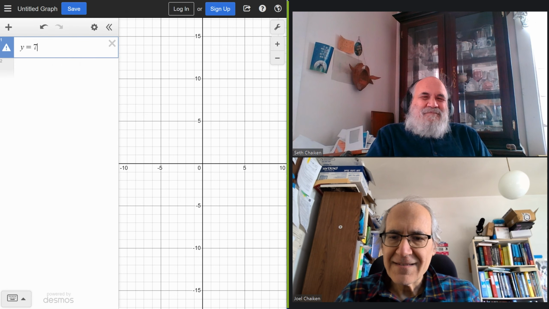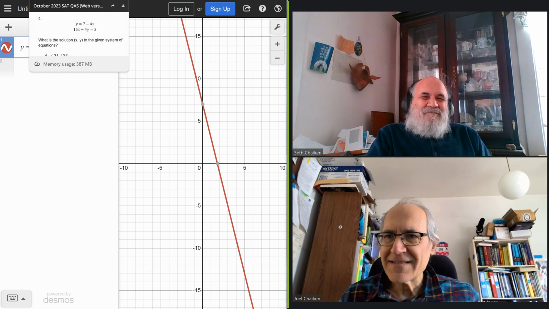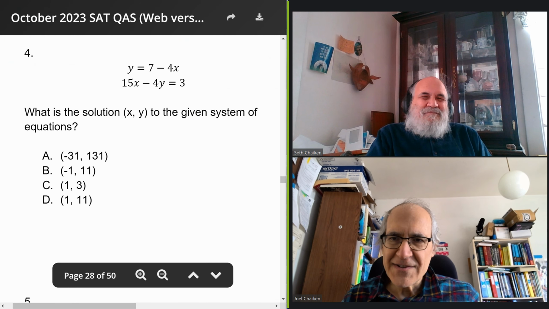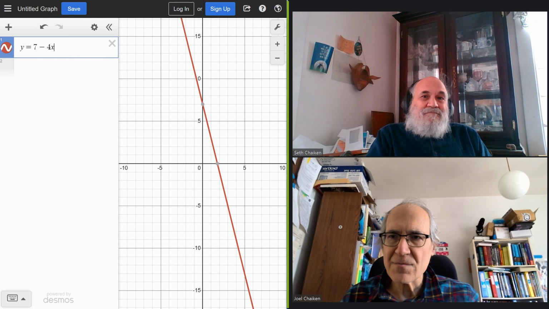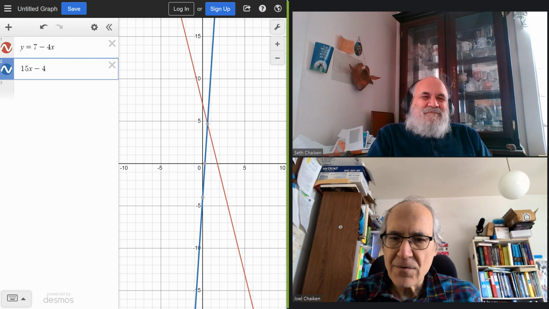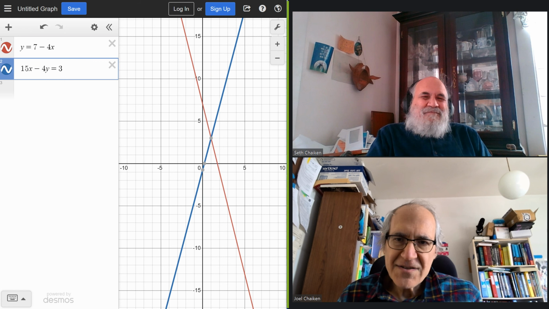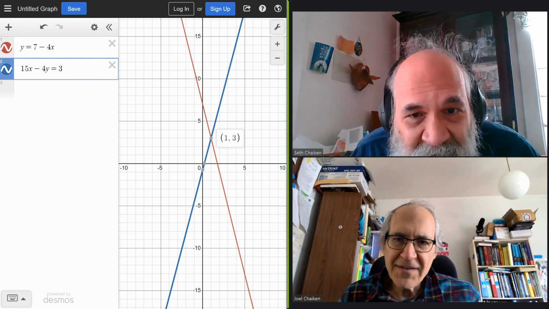That's nicely graphed for us. Oh, and this one's harder to remember. 15x minus 4y is 3. And there we go. There's our intersection point. Bingo!